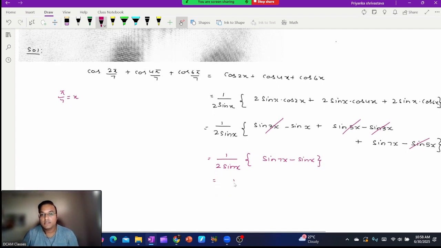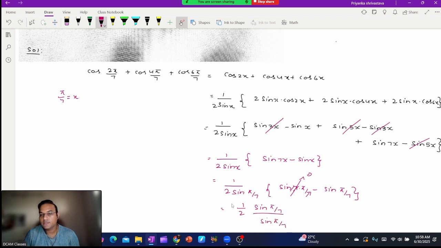This is C. Now put the value. 1 by 2 sin x is there. Sin pi by 7, put that value of x. This will be sin of 7 into pi by 7 minus sin pi by 7. Sin pi is 0, so this value will become 0. 1 by 2 into sin pi by 7 by sin pi by 7, and the minus is also there.